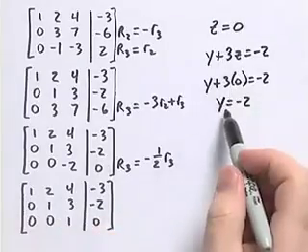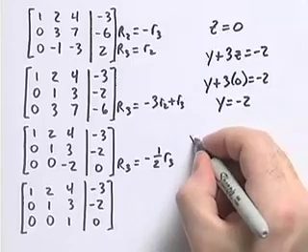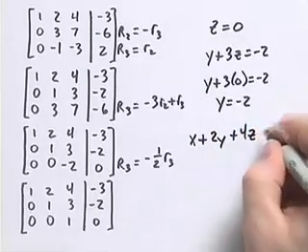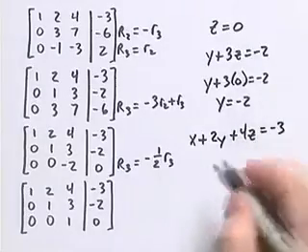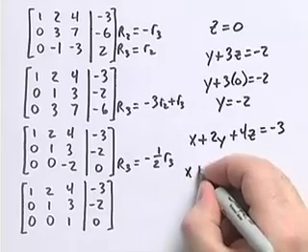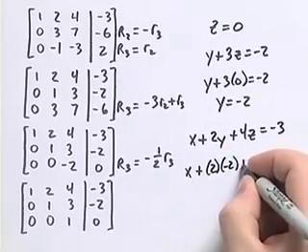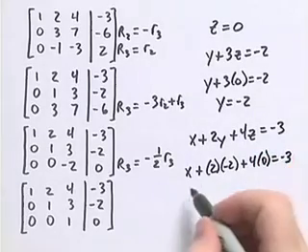We know z and y now. This first row in our matrix gives us the equation x plus 2y plus 4z equals negative 3. Plug in our values for y and z. Get x plus 2 times negative 2 plus 4 times 0 equals negative 3.